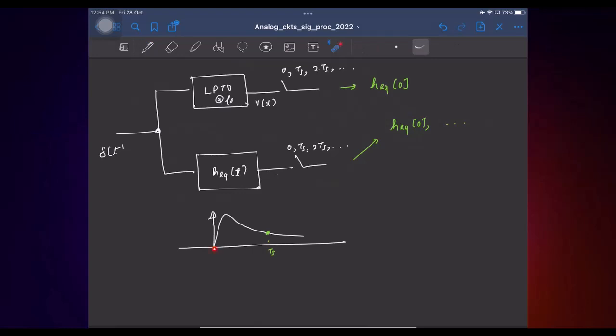Now, but this is just giving me few samples. Now let us say I want to find the value of this, and this is H equivalent of t. Okay. Now let us say I want to find H equivalent of t at a time offset delta t.